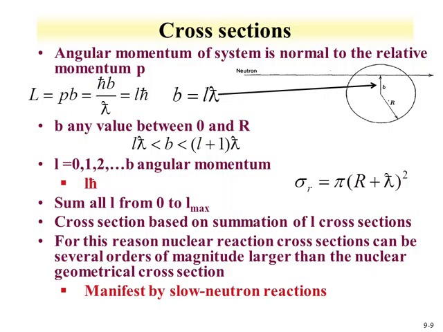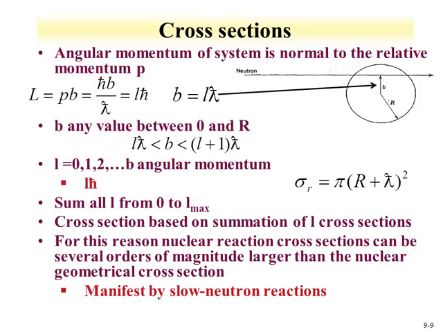Now we can look at this, and the impact parameter can have any value between 0 and r. So the possible ranges are listed here, where the orbital angular momentum is equal to 0 to b, and we can now sum all these terms from 0 to the maximum value of the orbital angular momentum.